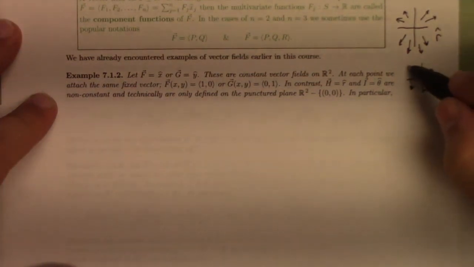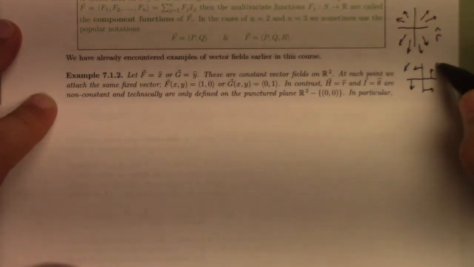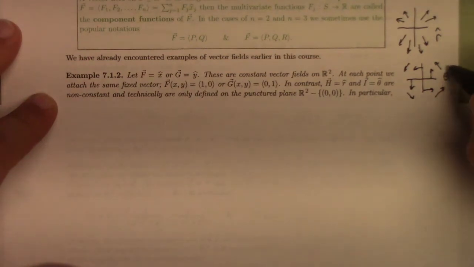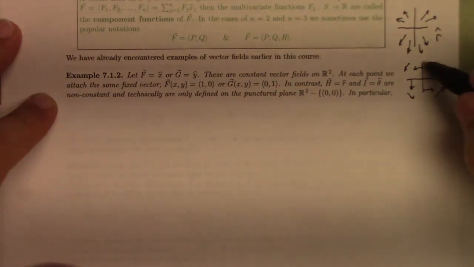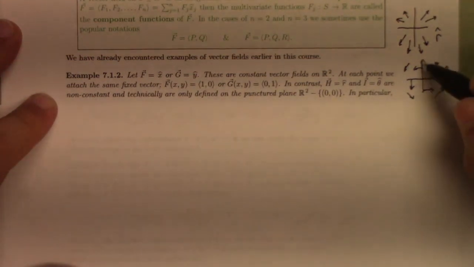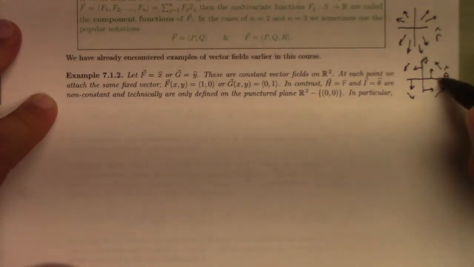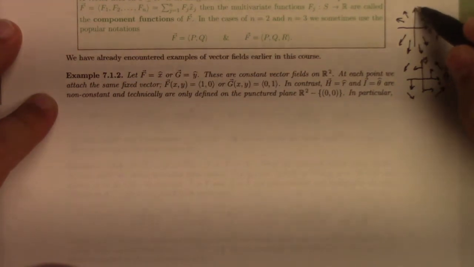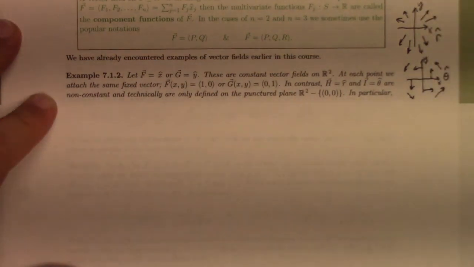So theta hat points in the direction of increasing theta, and so that's just the y-axis, and this is just the x-axis. Those aren't vectors. Sorry about that. Of course those are vector fields.